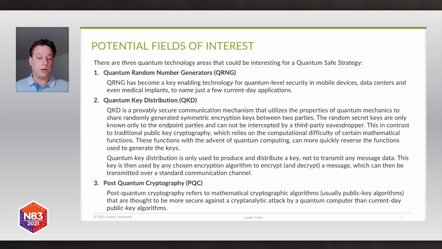So to start with, touching on a few potential fields of interest of where we could use quantum technology in networking. The first is using a chip, a so-called quantum random number generator, which could be integrated into a firewall or router or server. And that basically uses quantum technology to generate entropy.